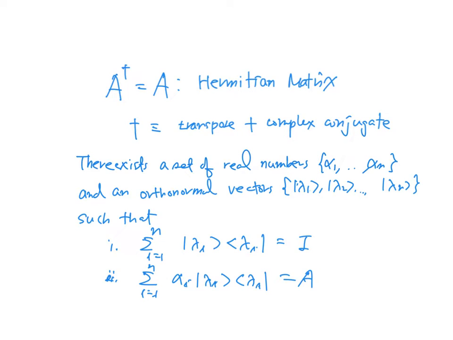And I showed a few examples, right? And orthonormal means the inner product of lambda i and lambda j is delta ij. And I still left a blank: what are those numbers and what are those orthonormal vectors?